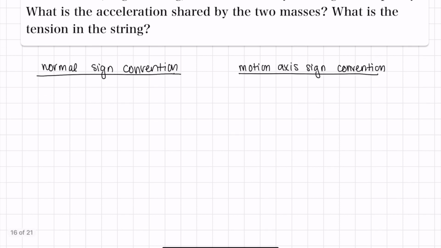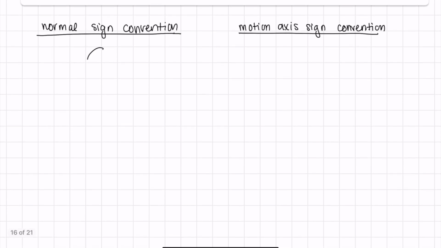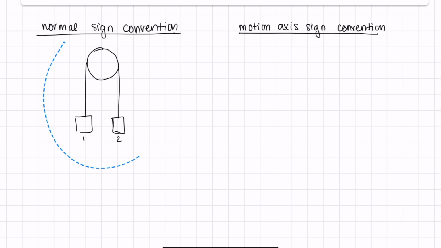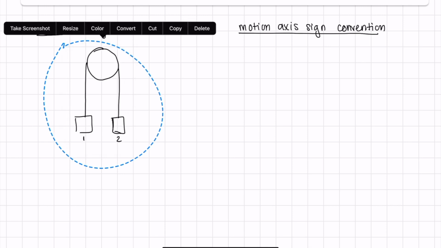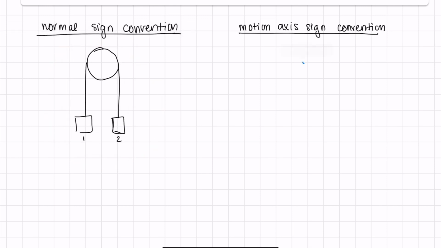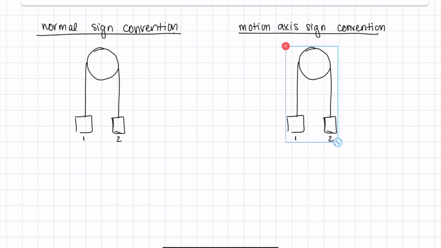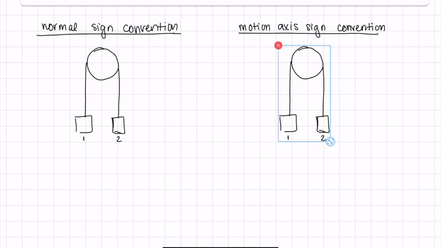So the picture we're going to have is we have our pulley, we'll have M1 and M2. So this is 1 and this is 2, and then I'll go ahead and copy this and put it over here so that we have both.